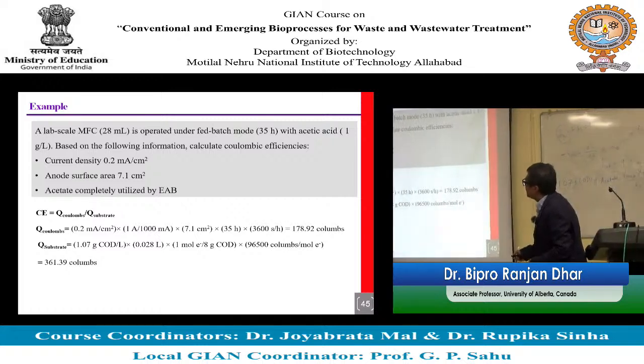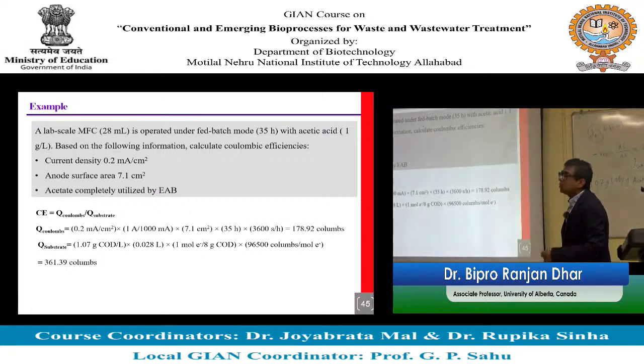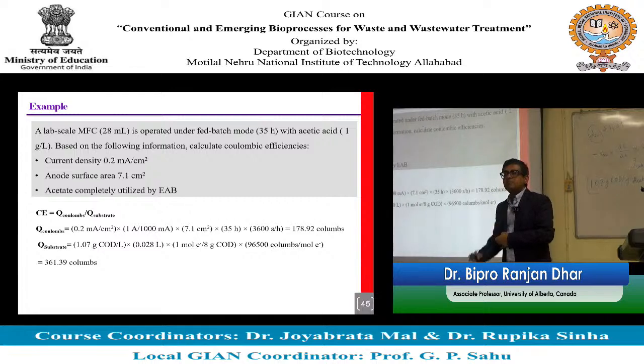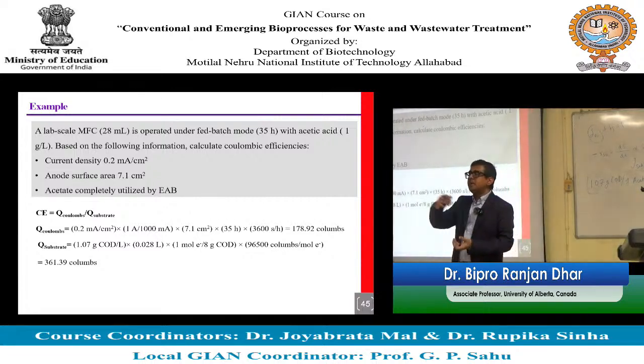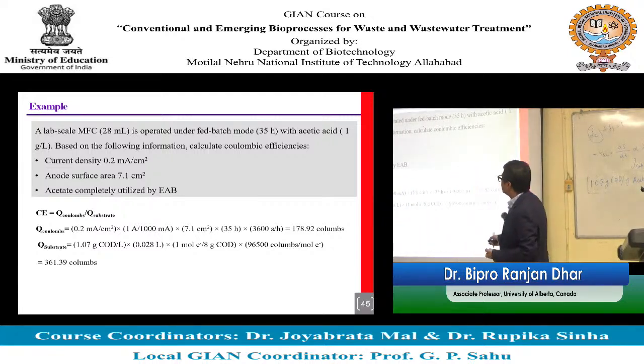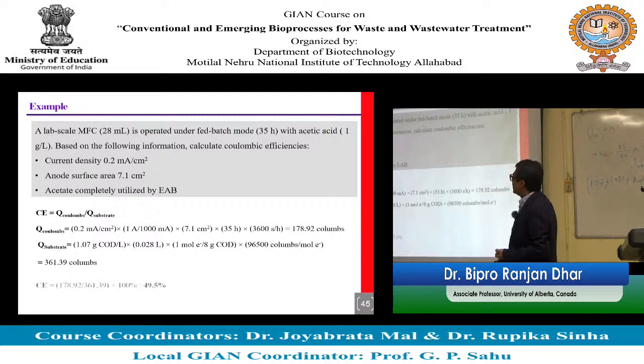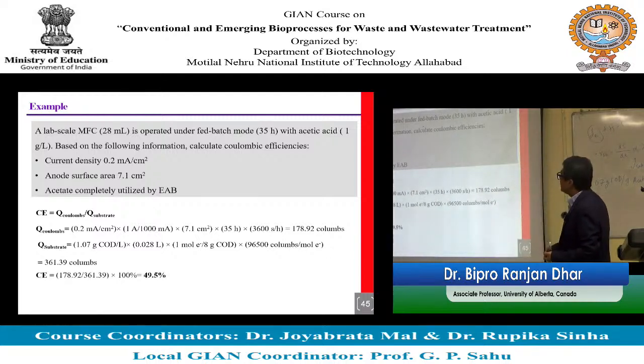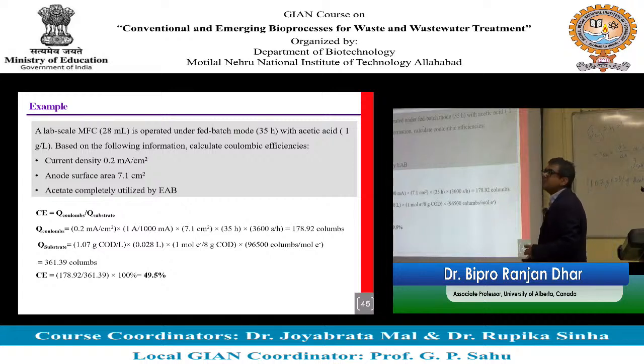So now this is the amount of coulomb I should get if I completely utilized all the COD for current generation. This is what I should theoretically get, but practically I am getting 178. So my Coulombic efficiency is 178.92 divided by the theoretical coulomb 361.39, so basically 50%.